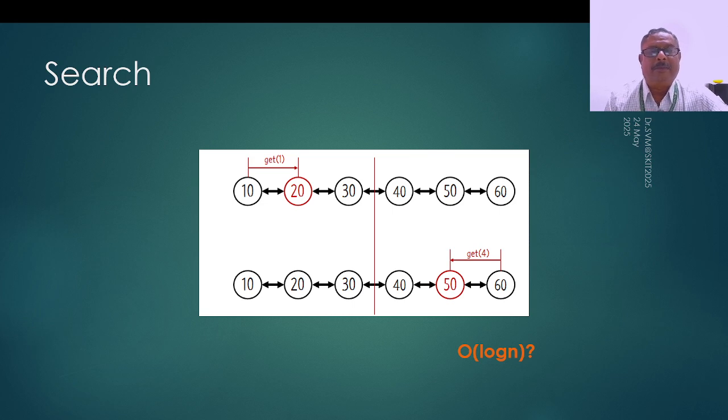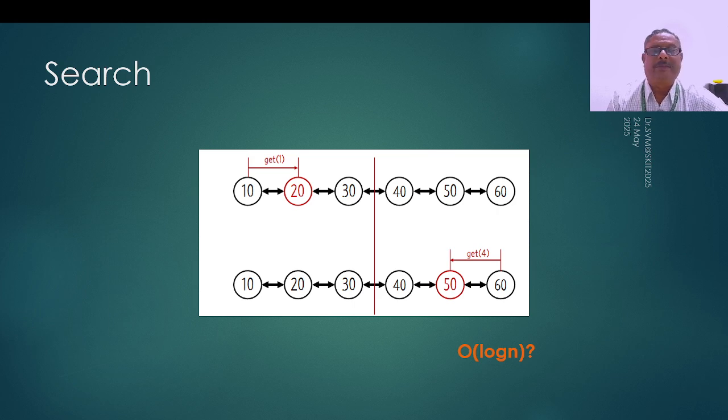Then somebody claimed that if the things are in order, then we could have done it. But of course, that is not possible with the linked list, because in a linked list we have to traverse from node to node, node to node. You just can't find out where the midpoint is without traversing from one node to another node.